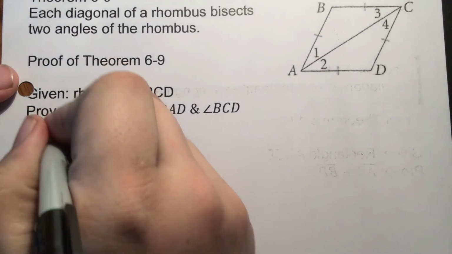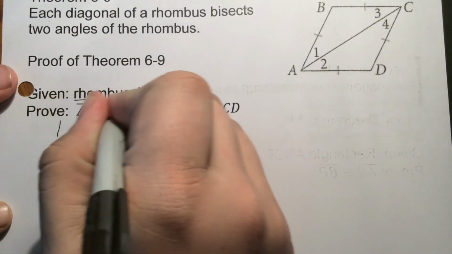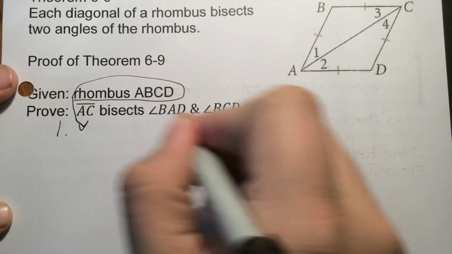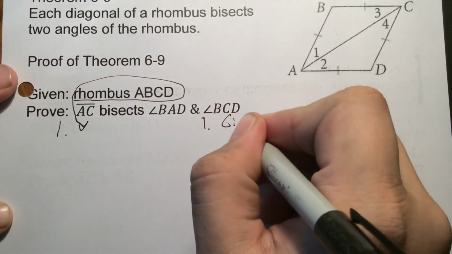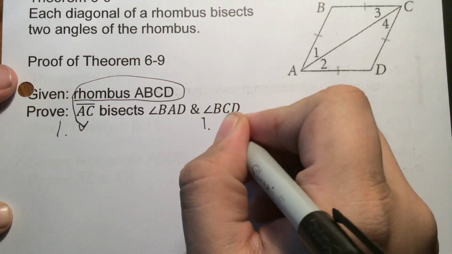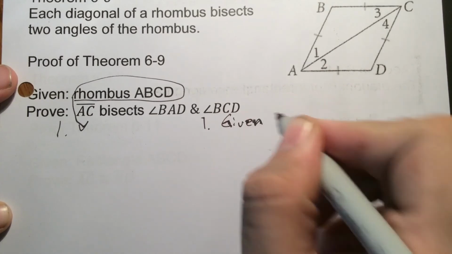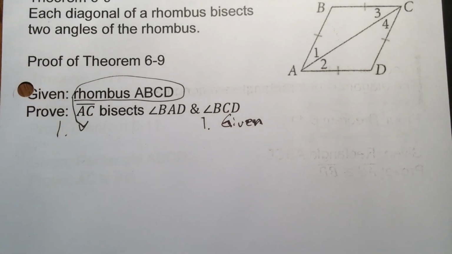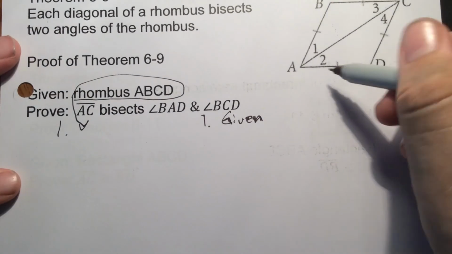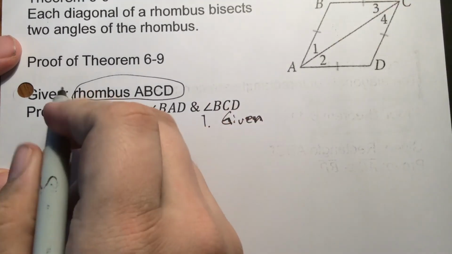So number one always is the given. All right, so we have our given. From there, we're going to build two. Well, for one, we know that all the sides of a rhombus are going to be congruent.